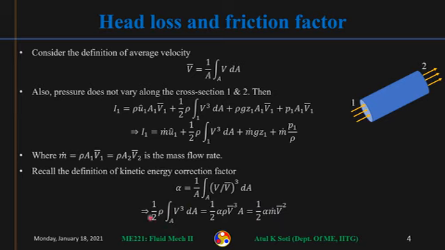That is the kinetic energy of the fluid entering any cross section, and we try to express that in terms of average velocity, writing it as half rho V average cubed times area. Both will not be equal because V varies with radial direction. That is why we need to include a correction factor alpha.